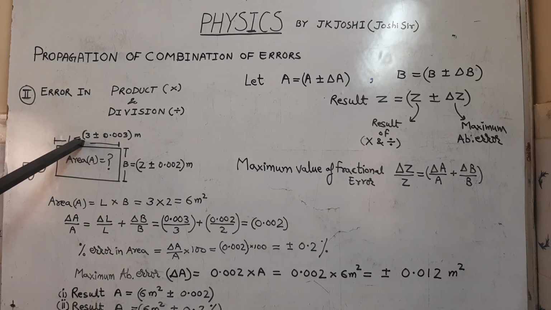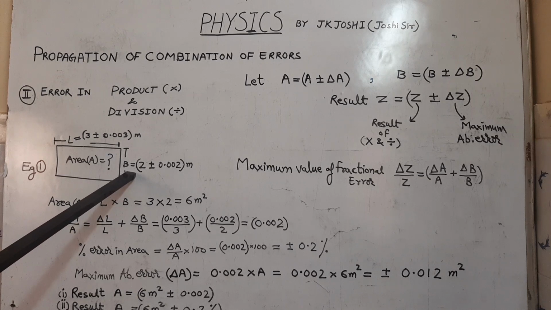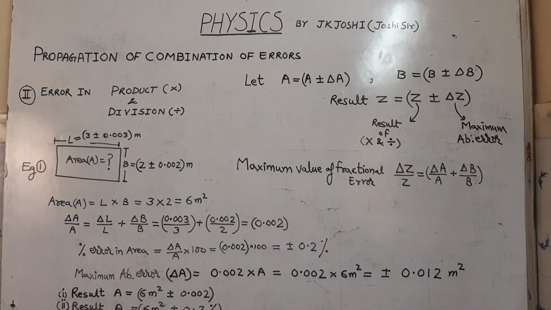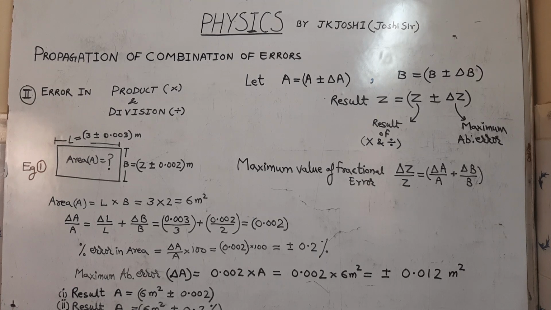The absolute values are 3 and 2. Both are in meter unit, so the result is meter square. But when we calculate maximum fractional error, we have to add the fractional error in A and fractional error in B in case of multiplication and division only.